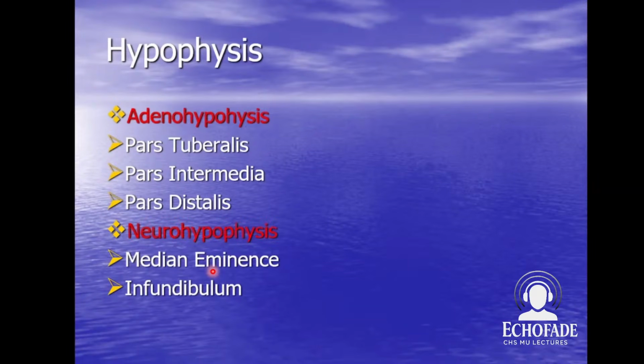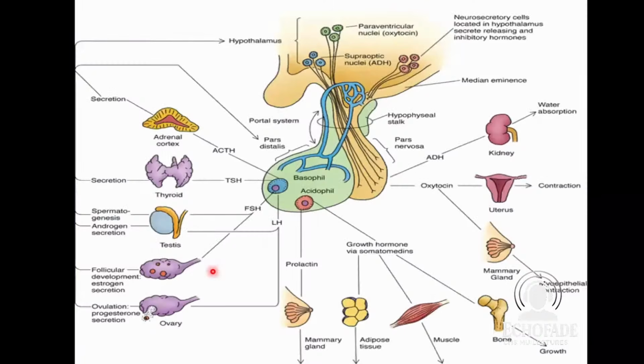And then pars nervosa. The pars nervosa is the large part where we have the storage of oxytocin and vasopressin, and also release at that part.